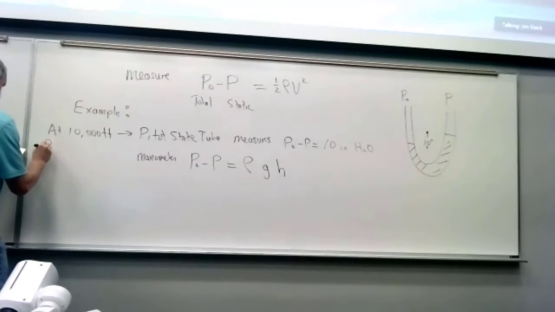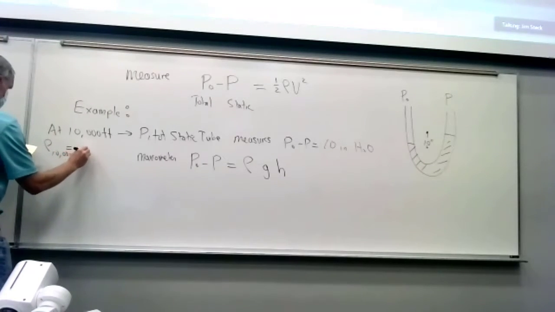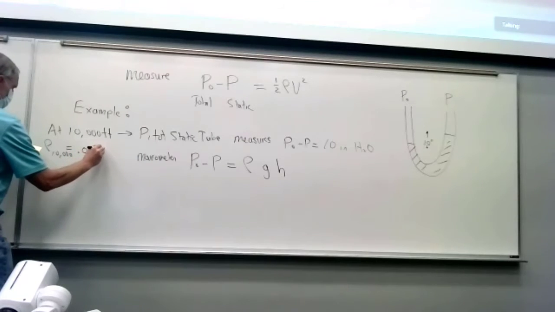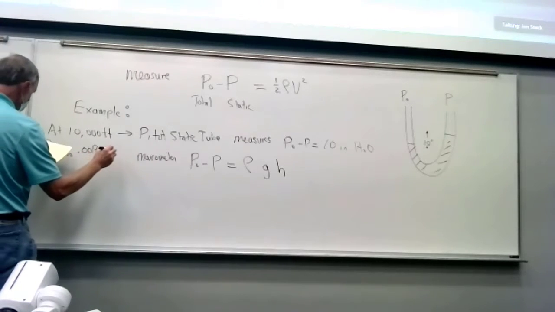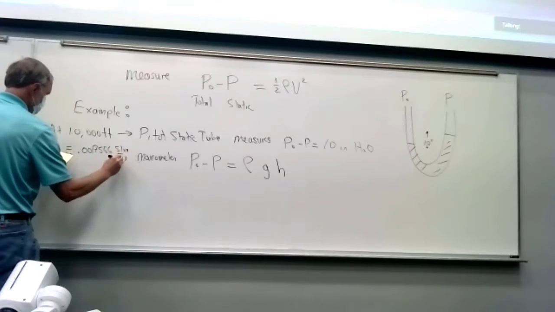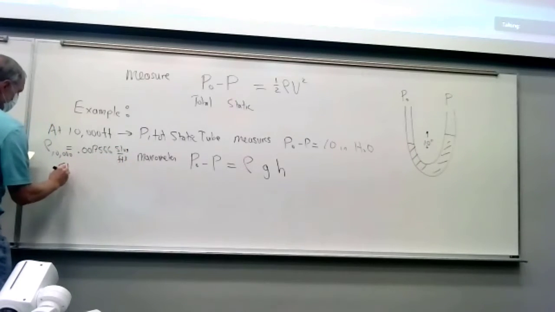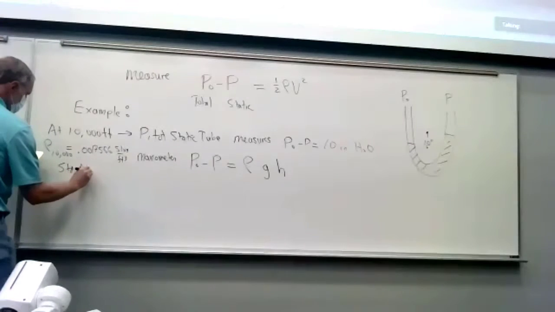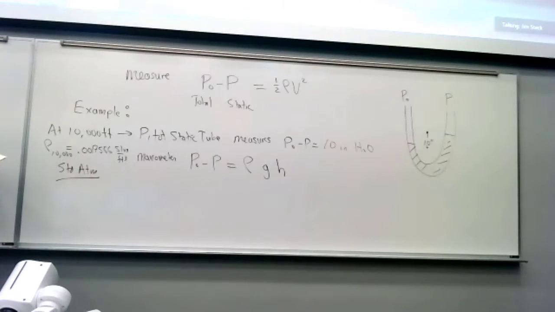So the density at 10,000 feet, assuming standard atmosphere, is that.